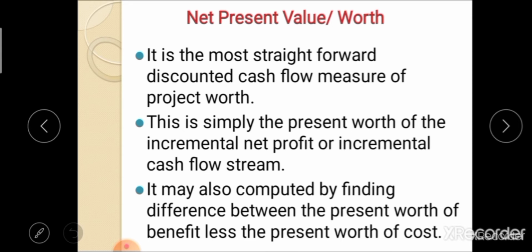That means this NPV or NPW is nothing but the difference between present worth of benefit and present worth of cost. This is the net present value or net present worth.